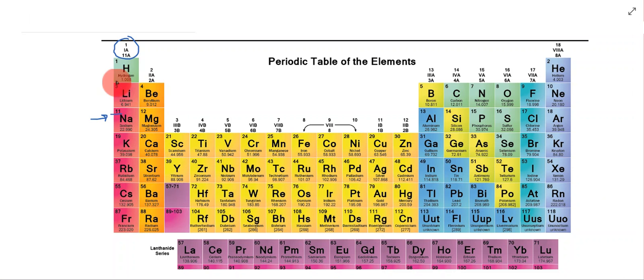What also starts to happen is that, because these elements on this side have a much stronger pull on their outer electrons, the radius of the atoms tends to decrease as well. So the radius decreases.